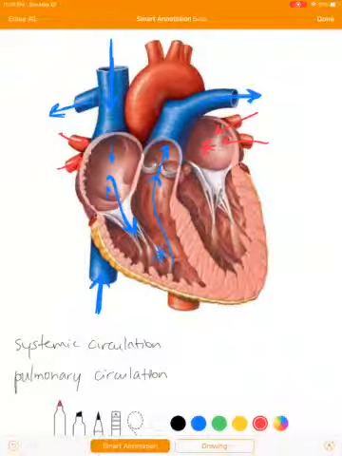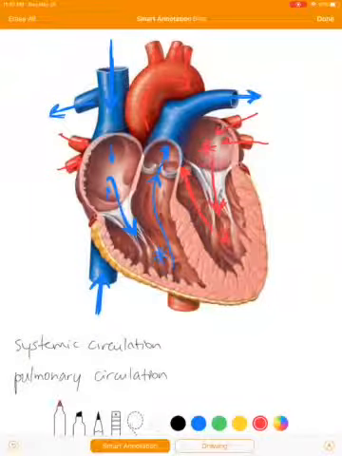Okay. Then the left atrium will slightly contract. That pushes blood through the left AV valve, this valve here, into the left ventricle. Okay. And as that blood enters the left ventricle, the heart will contract again to pump that blood out of the left ventricle through this semilunar valve, which is called the aortic semilunar valve, into the aorta, and the aorta will carry that blood all throughout the body in every direction that it needs to go to all of those tissues.